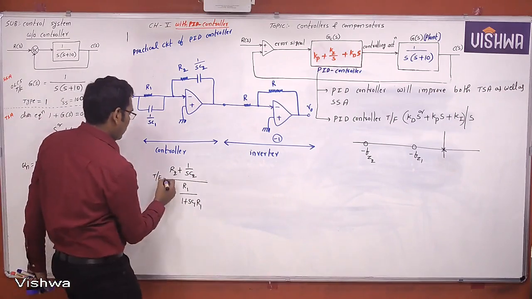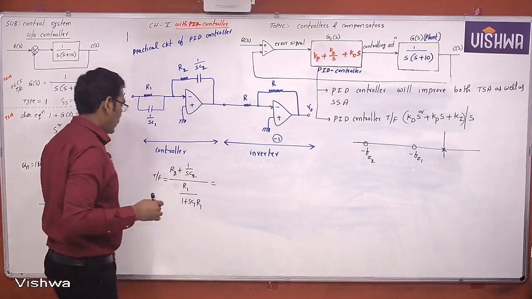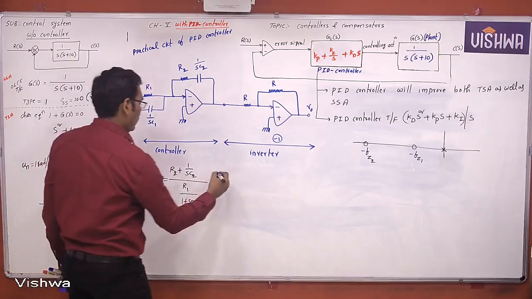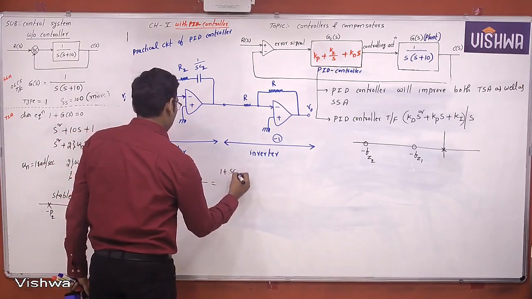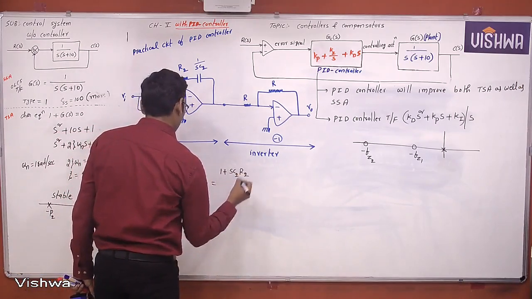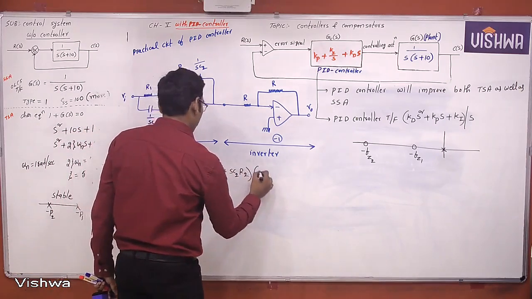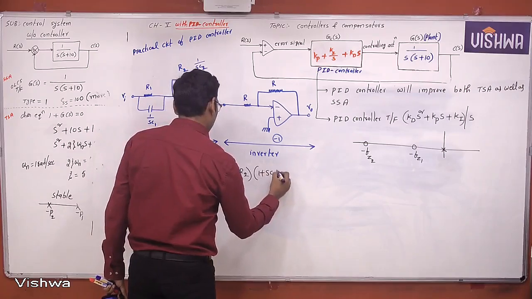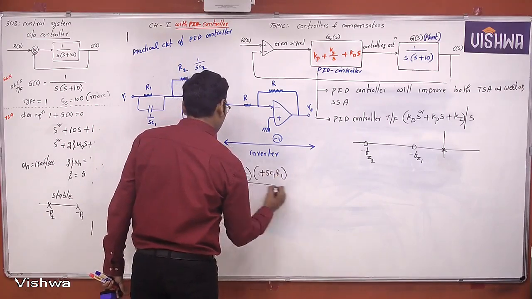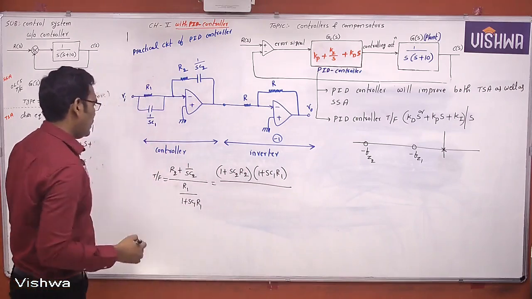Now see here, which is nothing but finally (1 plus SC2 R2) into (1 plus SC1 R1) by SC2 R1.